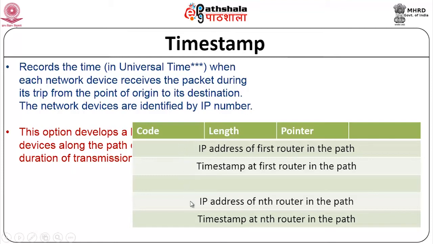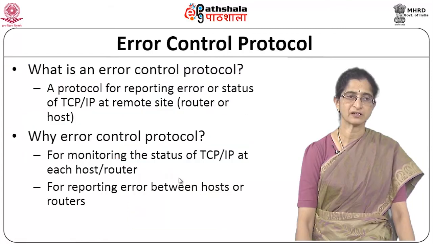With this timestamp information, the destination can get a very clear idea of the time taken by this packet as it comes from the source to the destination, and the time that it spends at each of the routers. So if a particular router is congested, for instance, it would know, because it would find that the packet spends quite a lot of time at that router. That kind of information can be gathered from the timestamp field. So these are the various options that are available for us.